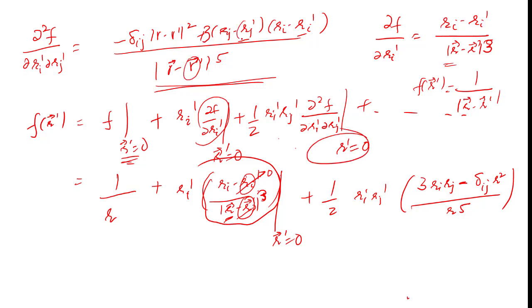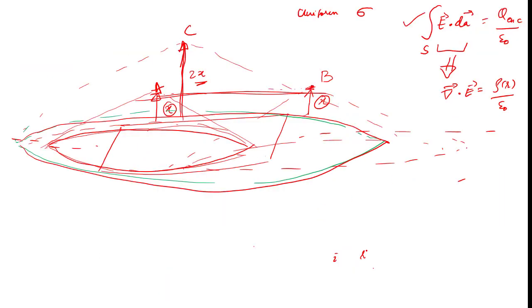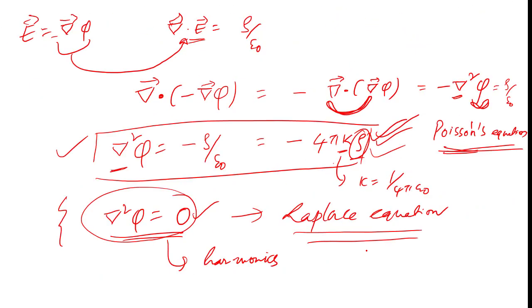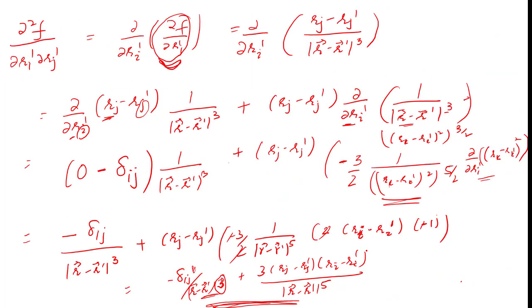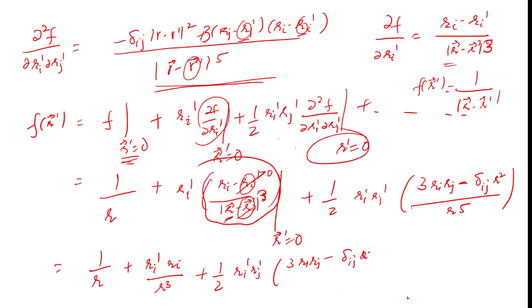So all the r primes I'm setting 0. So then this function of r, when Taylor expanded, would look like 1 over r plus ri prime times ri by r cube plus half ri prime rj prime 3 ri rj minus delta ij r square divided by r to the power 5.